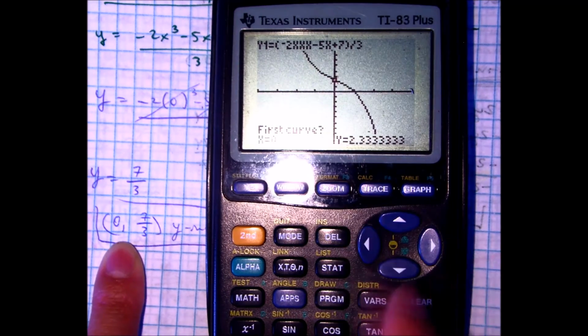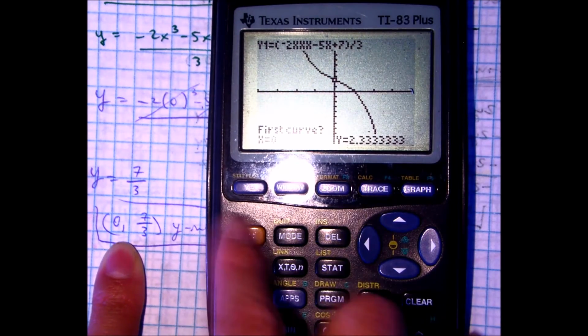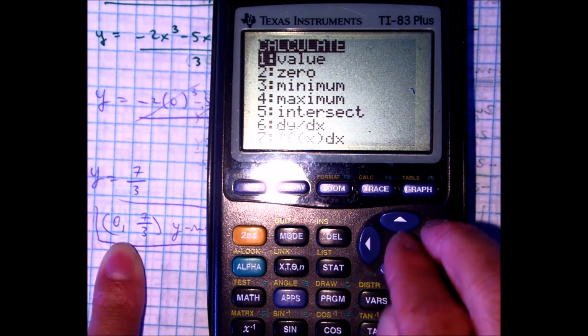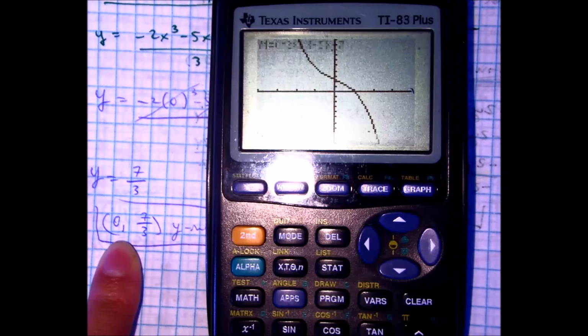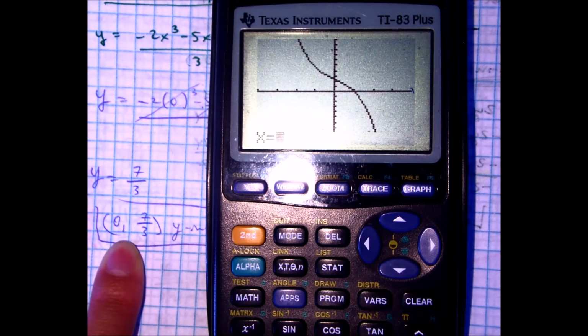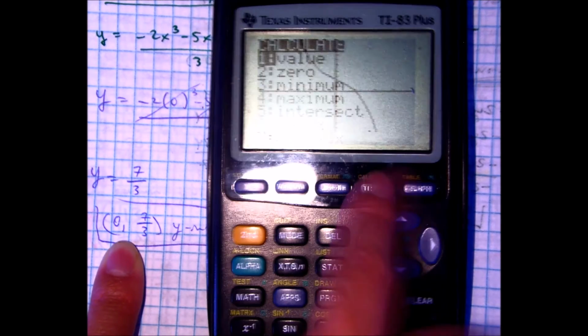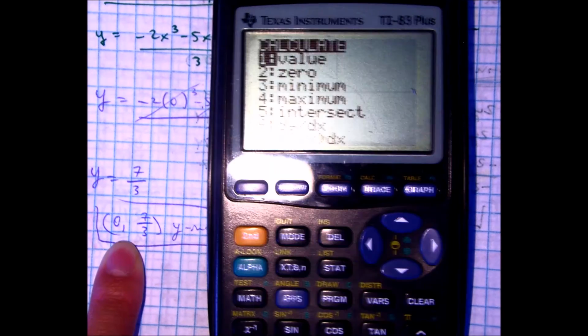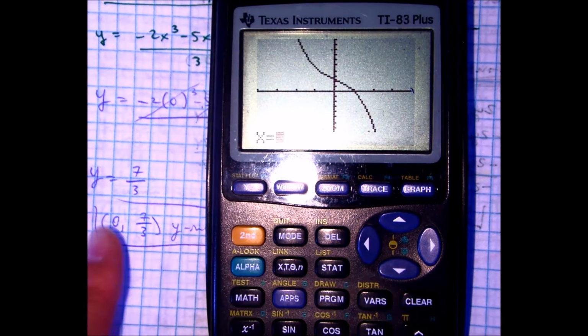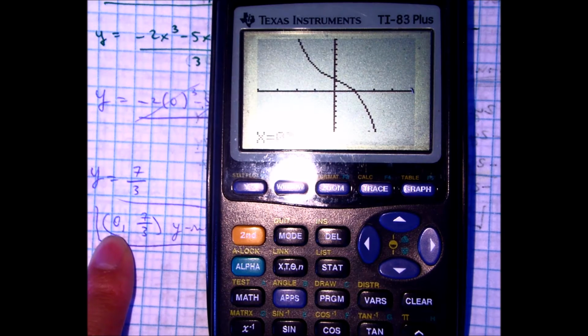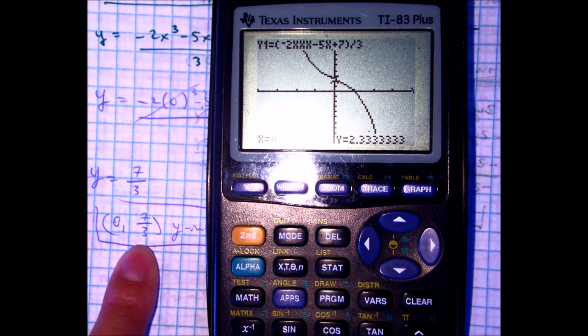Well, we can't really do that because intersection is for 2 graphs. Let's try value. See what it tells us. Did you guys see what I did? Second, calculate, and I press value, number 1. It's asking me for an x value, and we can just put in what? 0. Press enter, and that's what 7/3 is.